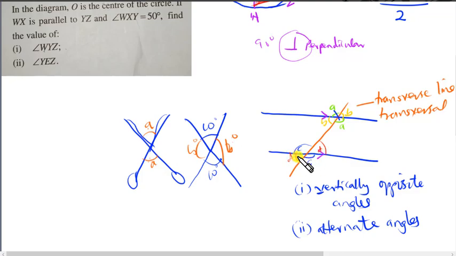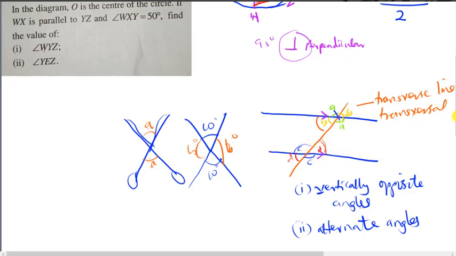But what angles are alternate angles? If you look at these two angles over here, the angle B that we see here and the angle D that we see here alternate. If you take this line, you can see that this angle here comes first if you start from the left hand side, but when it comes down here, it kind of alternates to the other side of the transversal.